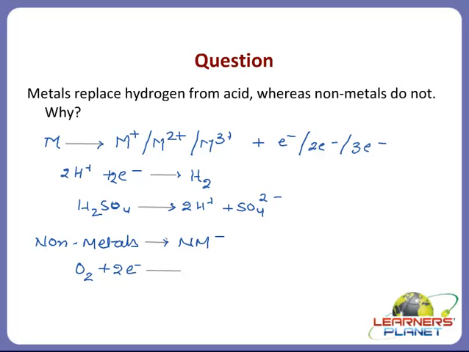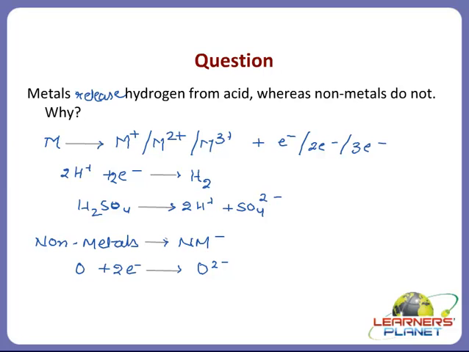It will form a negative ion, that is O2 minus. So, it is not releasing any electron. If they are not losing electrons, how can they reduce hydrogen? That is why non-metals do not release hydrogen from acids, whereas metals release hydrogen from acids.